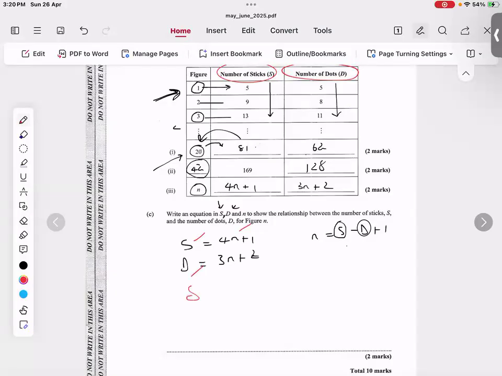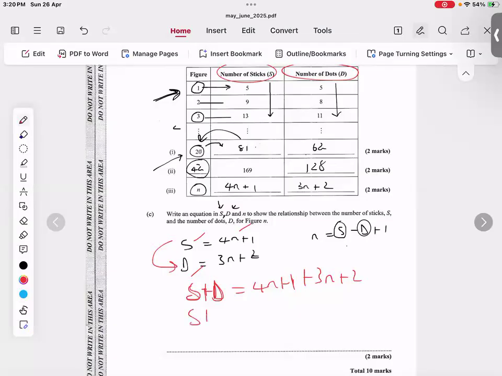So maybe if we say S plus D is going to be equal to 4N plus 1 plus 3N plus 2. Because when you add the number of sticks plus the number of dots together, it will give you the shape. So S plus D, the sticks and the dots put together, will give you the shape, and the formulas for S and D are 4N plus 1 and 3N plus 2.